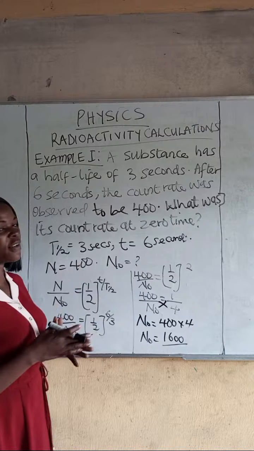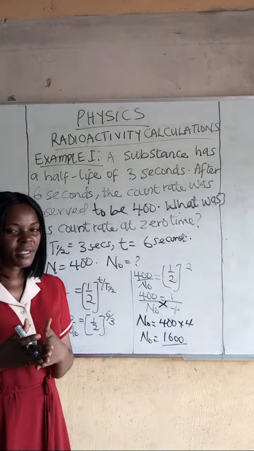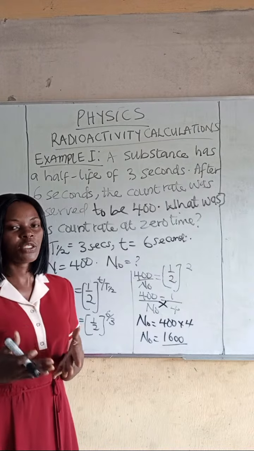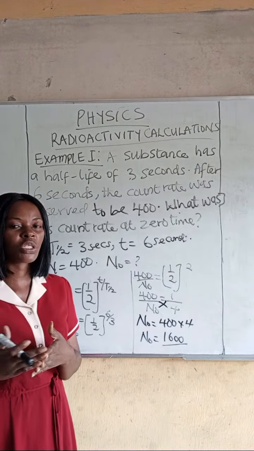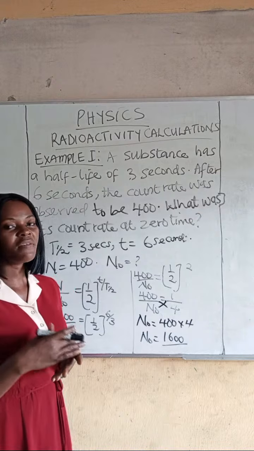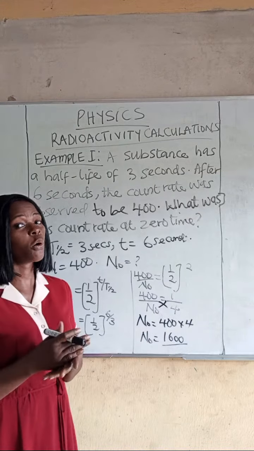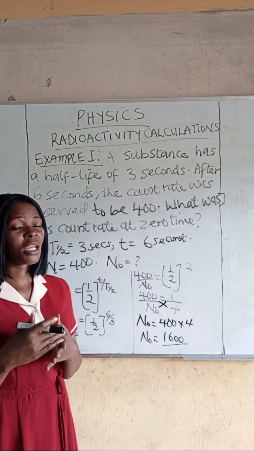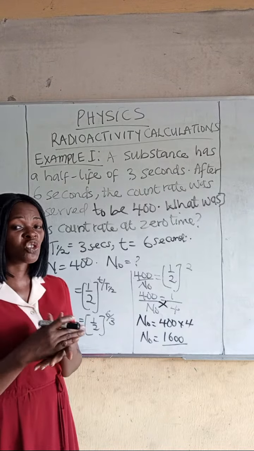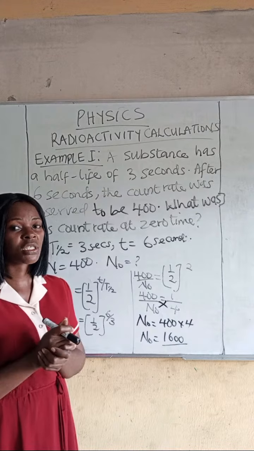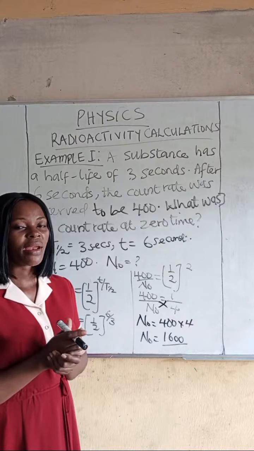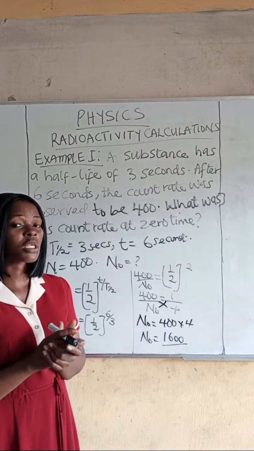Now, I already told you yesterday that half-life is the time taken for an atom to decay to half of its original value. So if the half-life, for example, is given as 4 years, then after 4 years, the amount of atoms in that element is supposed to decay into half of its original value, right? And the atoms remaining become our N, whereas the atoms we had before decay become our N naught.